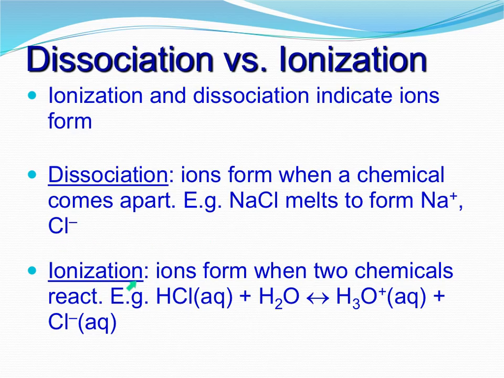Ionization, however, is when ions form when two chemicals react. So if hydrochloric acid is combined with water, you get the hydronium ion and you get the chloride ion. So that's the difference between dissociation and ionization of atoms or ions.